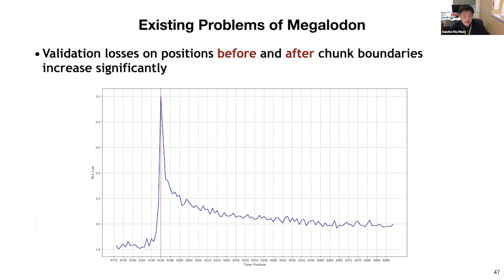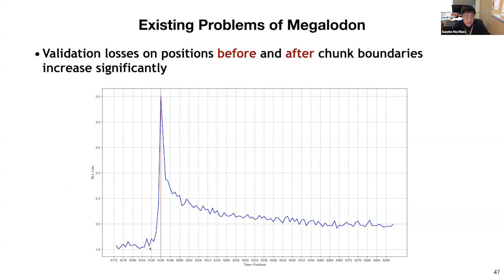We also did some analysis of existing problems of Megalodon. Here are experiments showing the loss of our model at different token positions. We see that even though our final perplexity is good, at each chunk boundary, the tokens before or after the chunk boundary have significantly larger loss than other tokens.